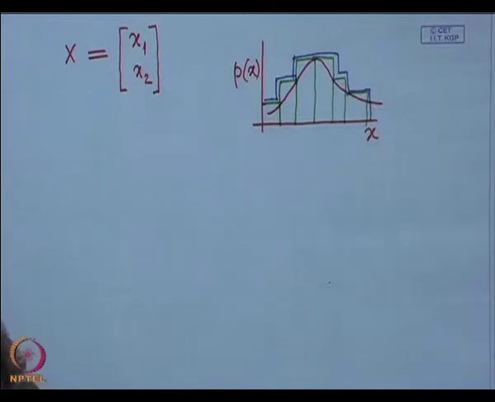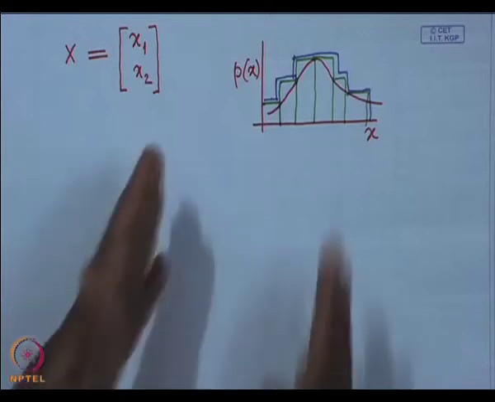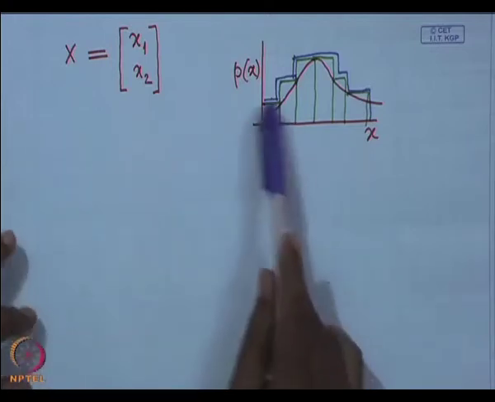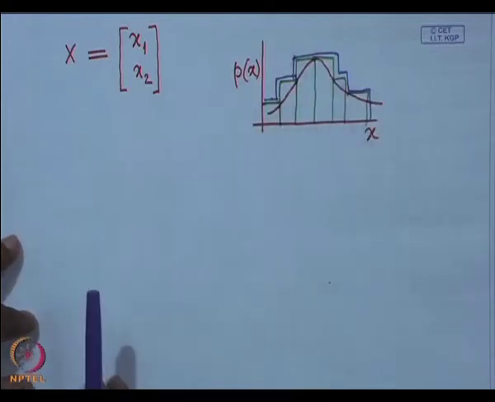Okay. So, you find that in the one dimensional case, the probability density function is represented by a curve.